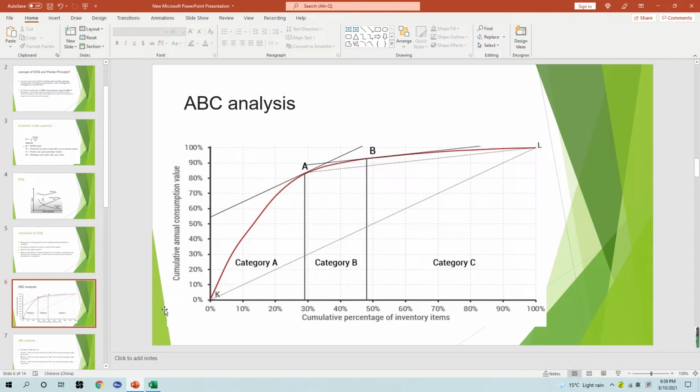In brief, ABC analysis categorizes all the inventory into three groups. Group A is the most valuable one.